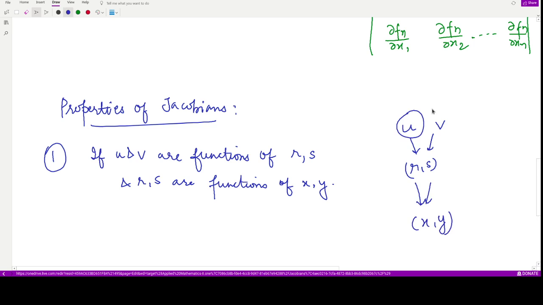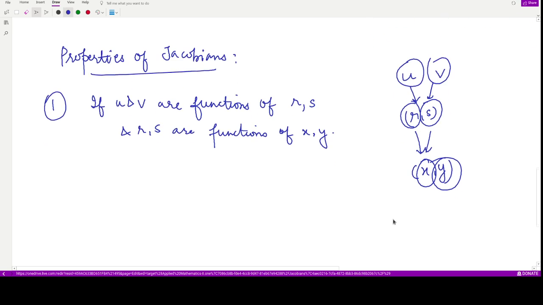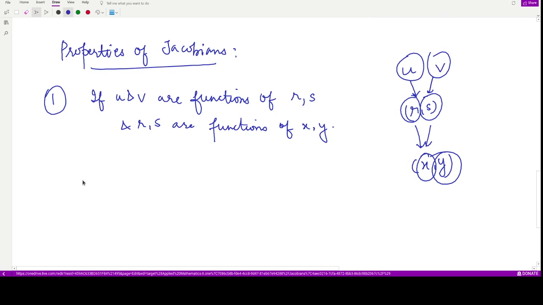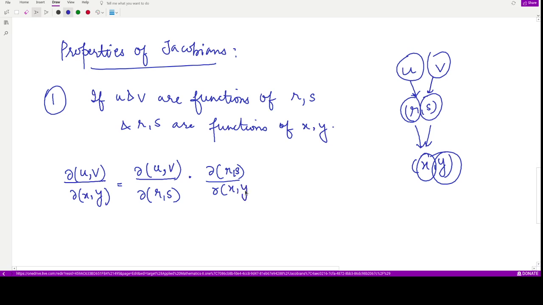Here you have two variables at each level. How can you calculate the Jacobian? The Jacobian of u comma v with respect to x comma y is calculated by taking the Jacobian of u, v with respect to r, s, and then the Jacobian of r, s with respect to x, y. This is according to the chain rule that we have studied.